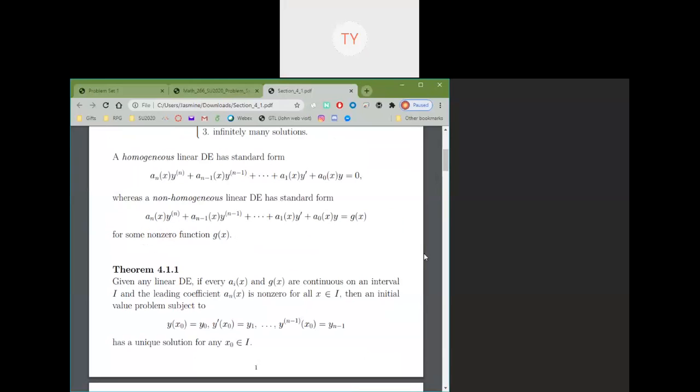Exactly. Like for example, sine of x is clearly not any kind of straight line, but the fact that it doesn't contain any y's means that this is linear in the dependent variable. If that makes sense. That makes sense.